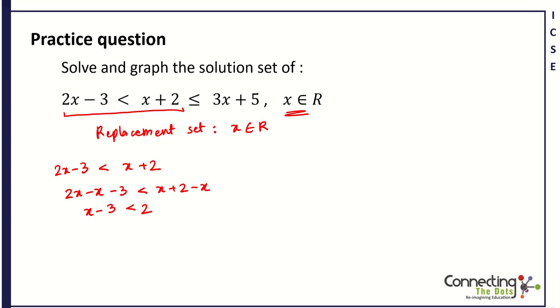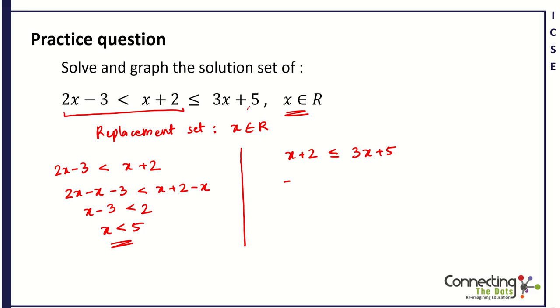You can add 3 to both sides, giving us this inequation. X has to be less than 5, and that's the first one. Let's look at the second one, and that is x plus 2 must be less than or equal to 3x plus 5. Going through the same steps, you can add negative 5 to both sides and bring this x to the other side.